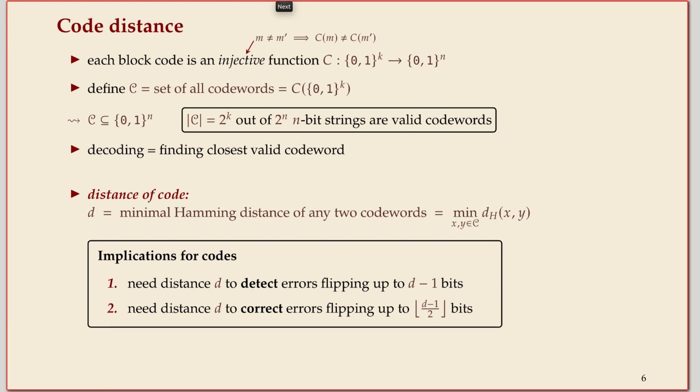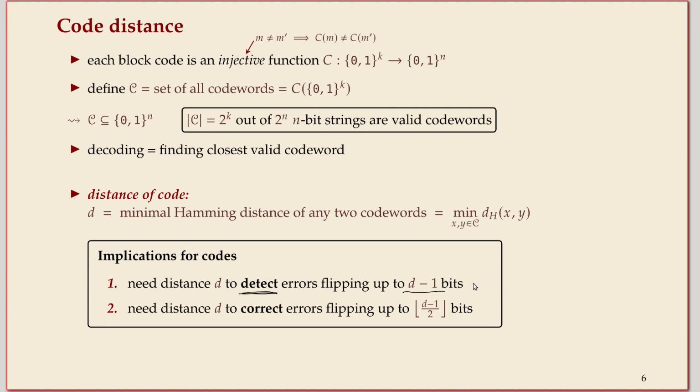And we have to read this very precisely. So if you want to detect d-1 flipped bits, so that you can still say definitely something went wrong in the transmission. That's how detection works. It's only a yes/no. Something went wrong or all is fine. If you want to detect d-1 bits, then you need a code with code distance at least d.